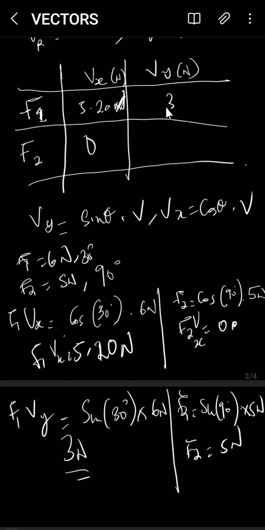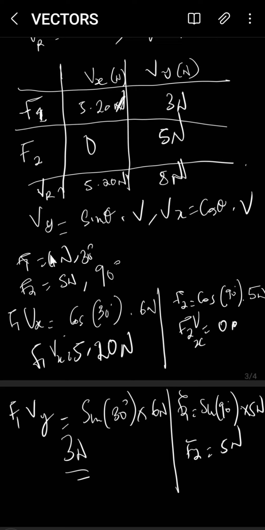Again, F1 is 3 newtons, F2 is 5 newtons. Then we can add, this is our resultant vector. This is 5.20 newtons. 5 plus 3 should be 8 newtons. This is your x, this is your y.